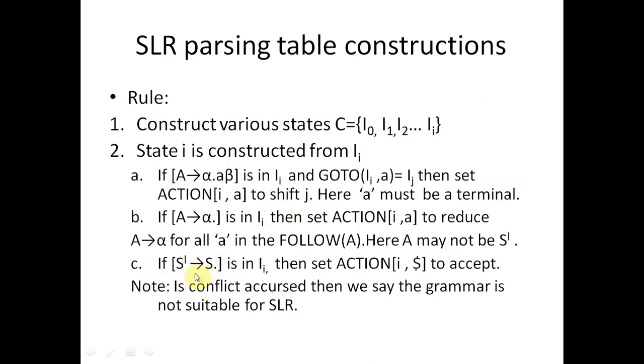Next rule is, now we have not considered the augmented state item. For that a special rule is there. If S dash produces S dot is in a state, say that state is I1, then the action from that state I1 on dollar we have to write as accept. It means that when the parser declares accept, successful parsing is decided based on this particular state.